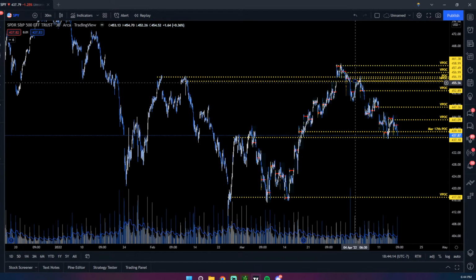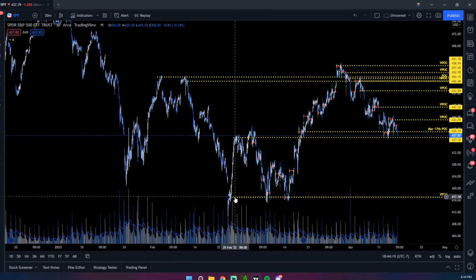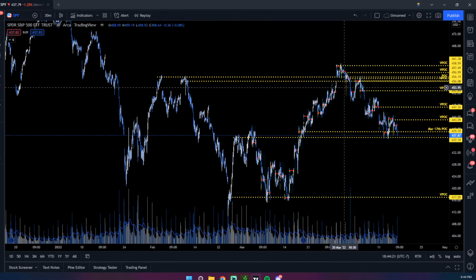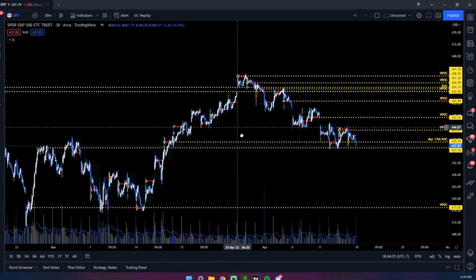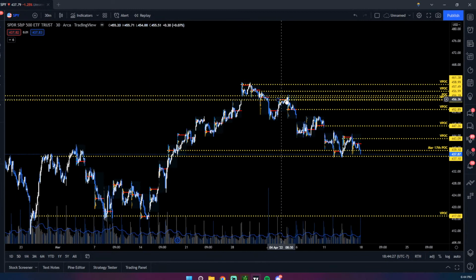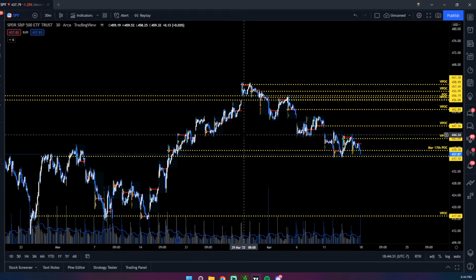That's why these POCs work. If retail investors bought here, price comes down, the next time we come up to this range, you're going to see selling. Which is why we form new POCs almost exactly at the same price as these other POCs.